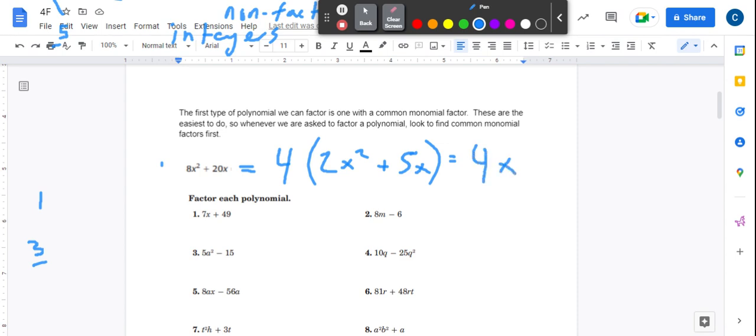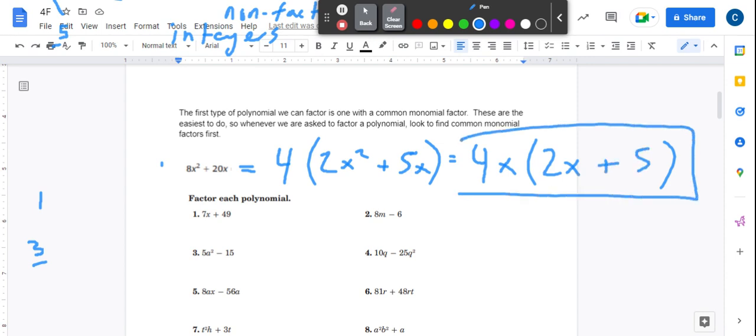If we pull out an x, what we're left with on the inside is 2x from the 2x squared, since we took an x out, and from the 5x, we're left with 5. And this would be that monomial totally factored out: 4x times parentheses 2x plus 5.